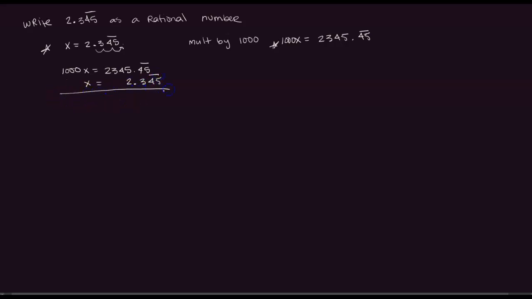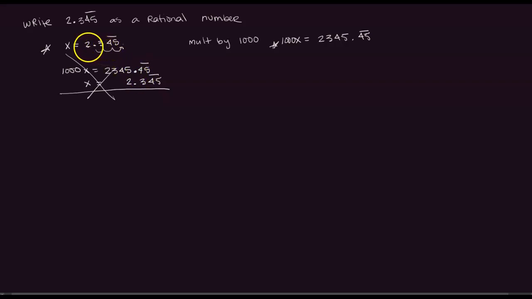So this won't work. We need to create another equation by multiplying powers of 10 to the original equation so that we have the repeat end matching up to the right of the decimal.